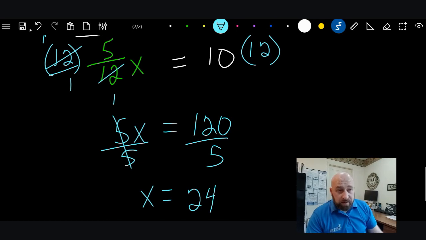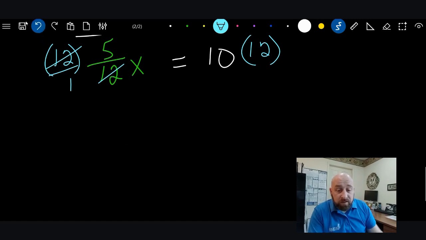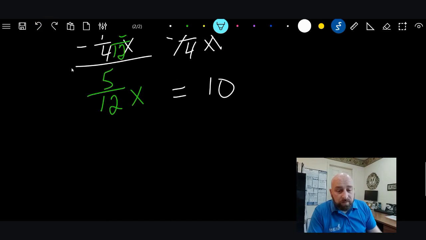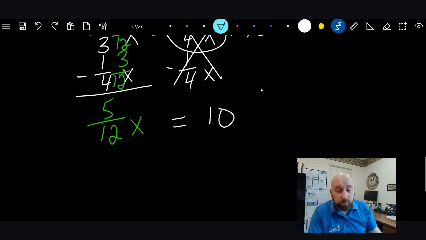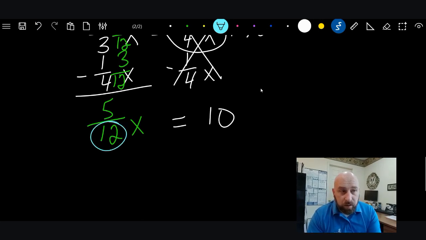Now, let me show you a different way to do that, and you can rewind this and figure out which way you like to do it best. This is the great thing about math. You can solve these so many different ways as long as you don't break any of the rules. You might look at this and say, okay, that's 5/12 times x, and you're right. The way that I did it before was basically that's divided by 12. But what if you say this is multiplied by that fraction?